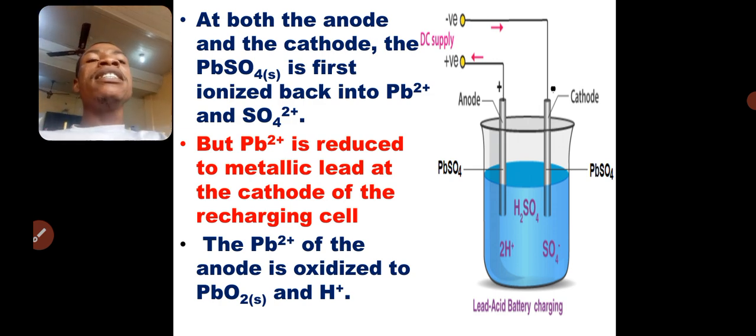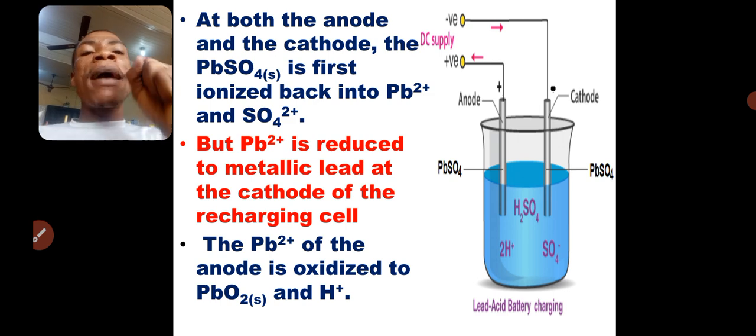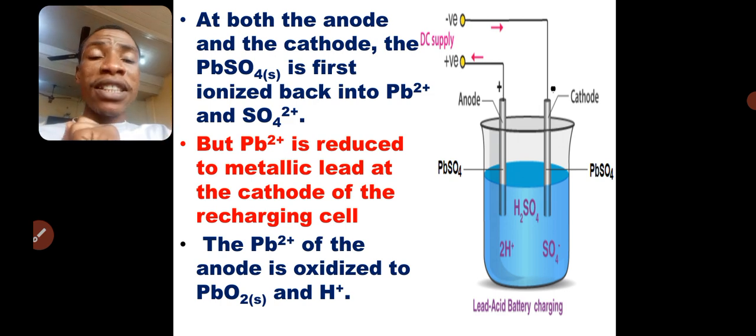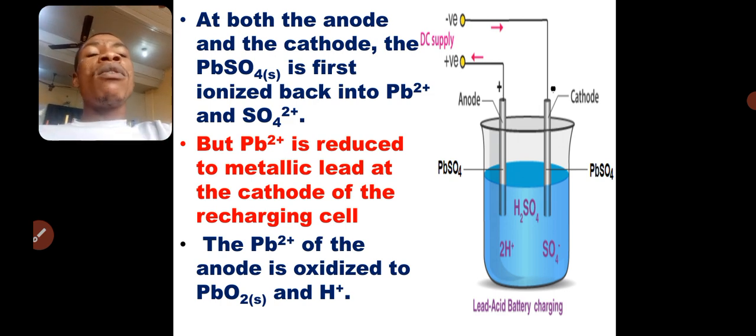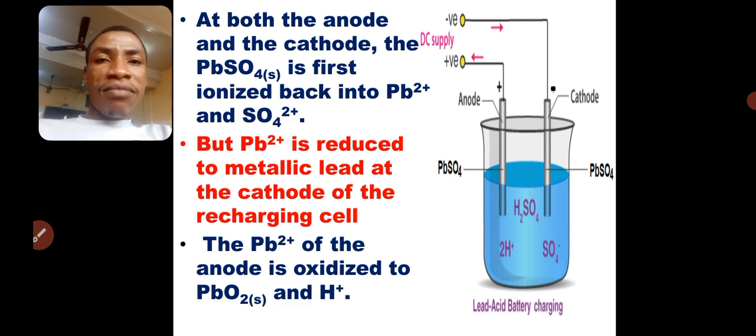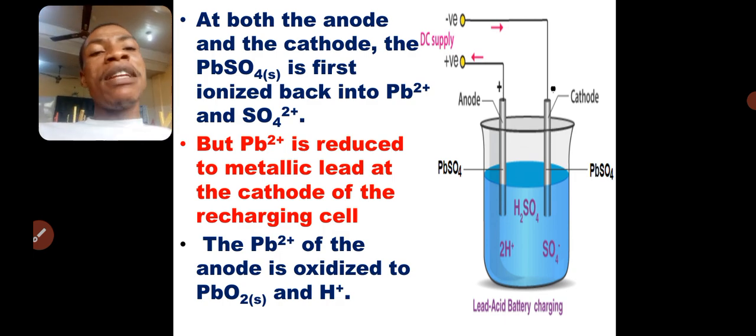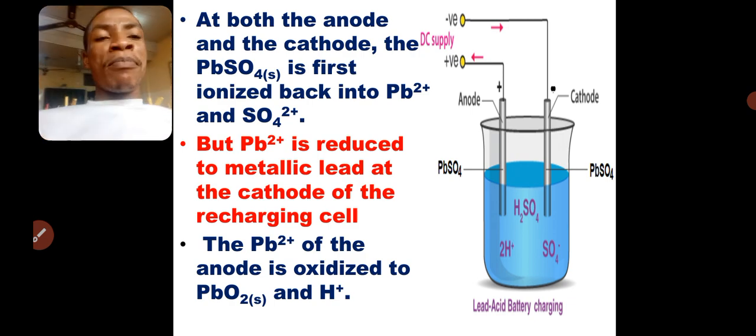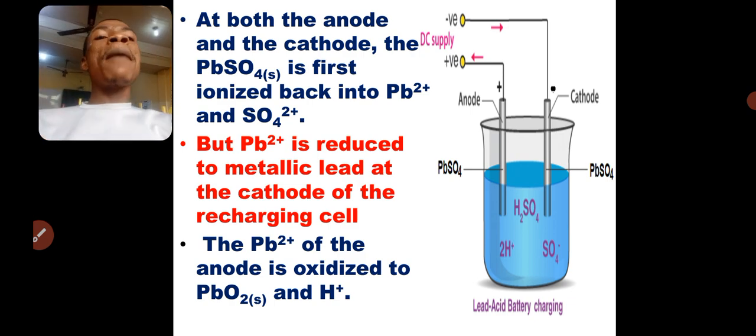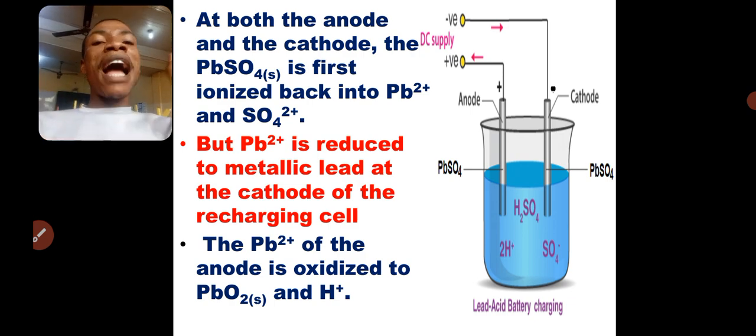In discharging, lead combines with SO4 2- to form PbSO4 solid. But when you are now recharging, when you connect it to an external charger, the current will help to force the PbSO4 to become ionized back.